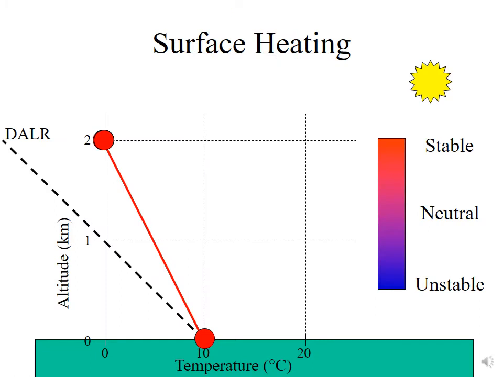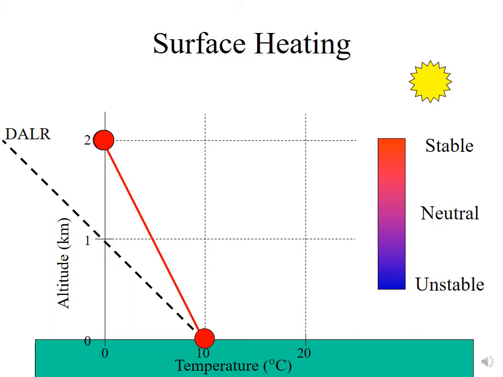So here we have surface heating. We have an air parcel. We launched a Rawinsonde balloon. The surface temperature was 10 degrees Celsius, and the temperature at 2 kilometers above the surface was 0 degrees Celsius. And for reference, we have the dashed black line, which is the dry adiabatic lapse rate, which is -9.8 degrees Celsius per kilometer.